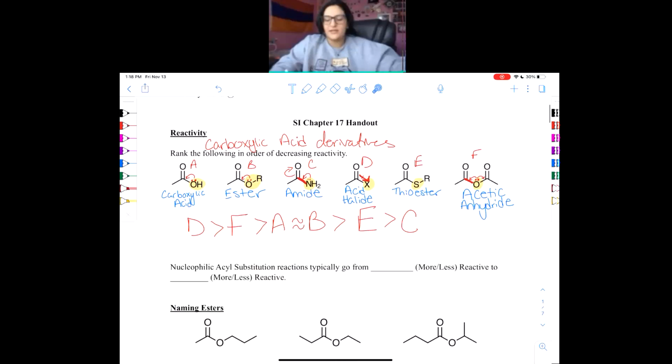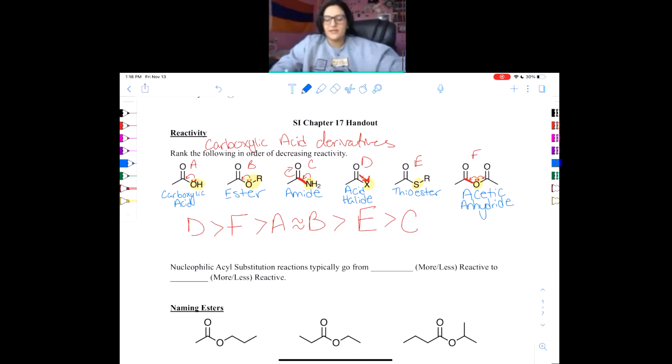In the meantime, I want to tell you guys one last thing about reactivity. So when we are doing reactions in chapter 17, the goal of them is to essentially go from more reactive to less reactive. So we want to make a more stable product than what we started with.